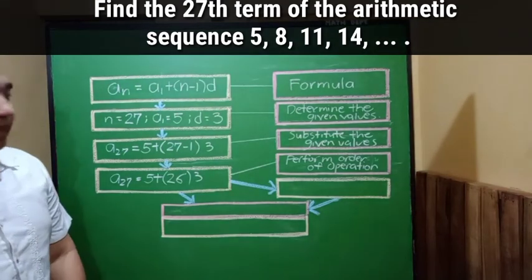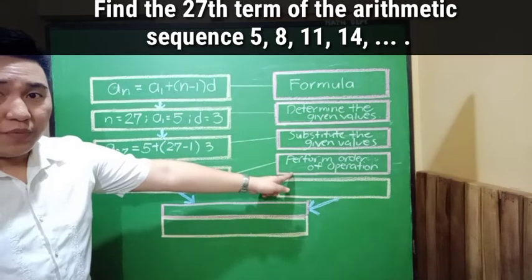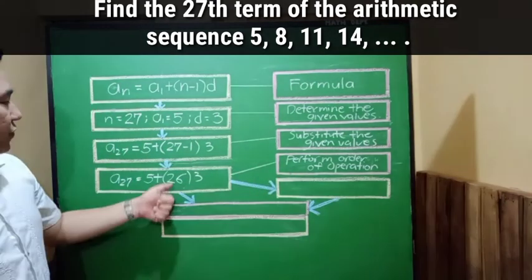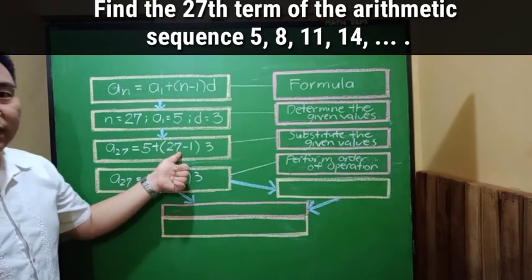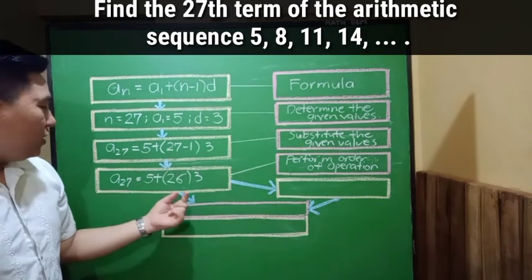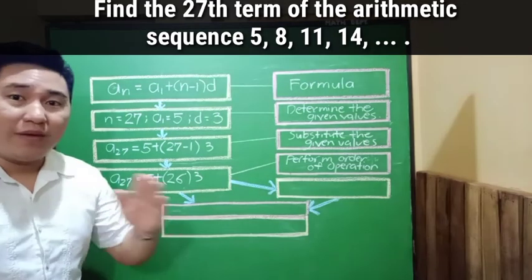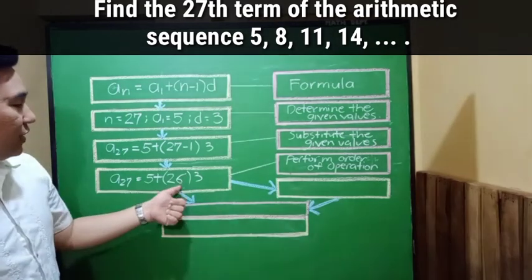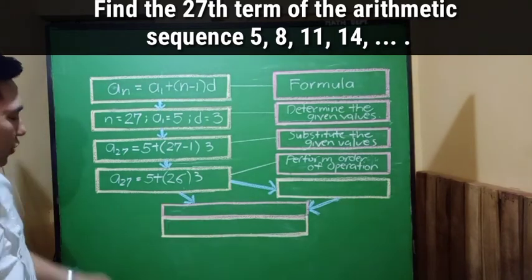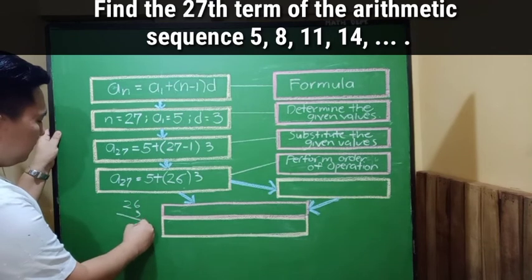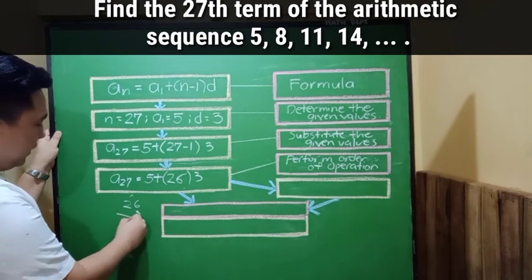The next step, we still need to perform the remaining operations. So after we simplify terms inside the parentheses, do we add or do we multiply? Of course, we will multiply as we have MDAS. So 26 times 3. As we multiply 26 times 3, we have 78.